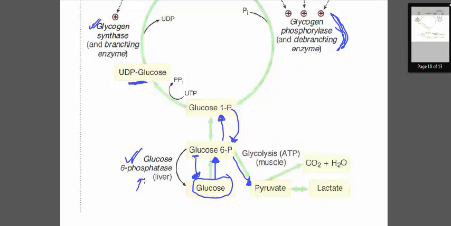This is an important enzyme of gluconeogenesis, actually the last enzyme of gluconeogenesis, as we will see. So glucose 6-phosphatase converts glucose 6-phosphate back to glucose, and now glucose is free to leak out of the cell and enter into the blood.